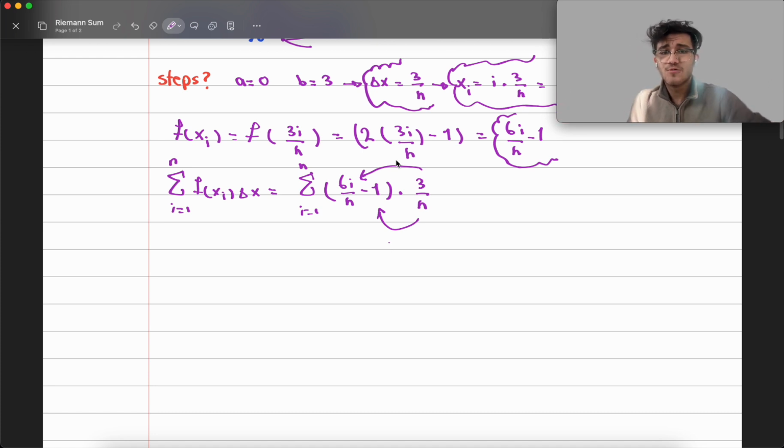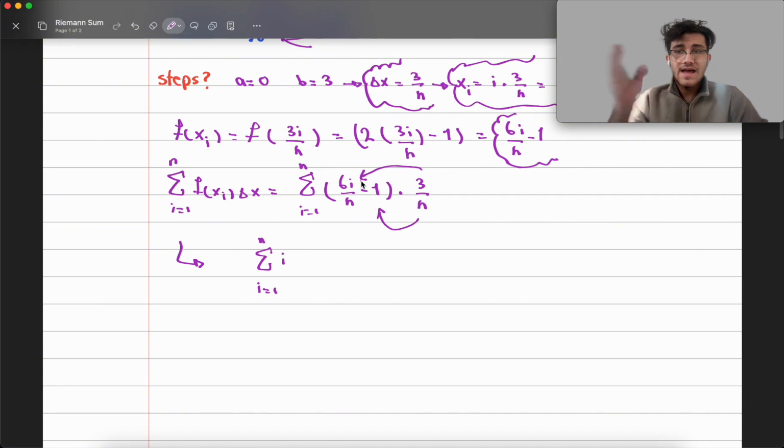I don't really need to put any other non-related things in front of the sigma notation, just to make the process easier. So this would be what? 3 over n times 6 over n i. I only have to keep i in front of the sigma notation, and move the other things back to the sigma notation.